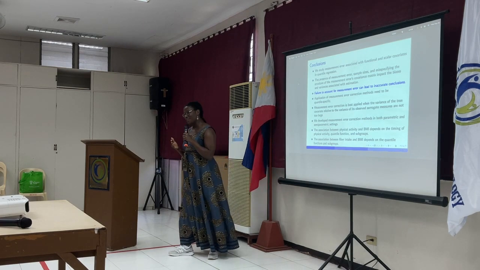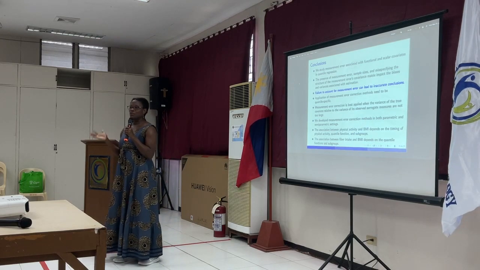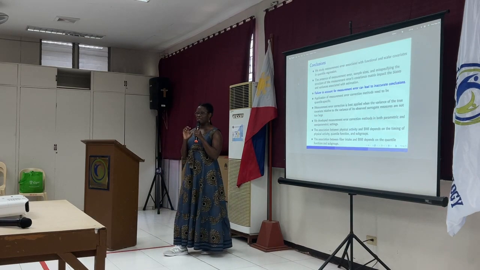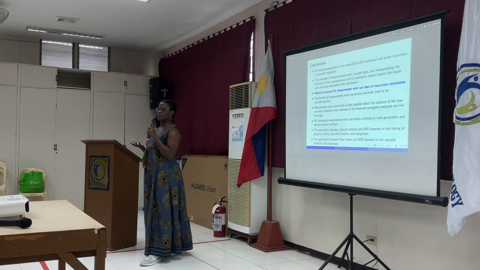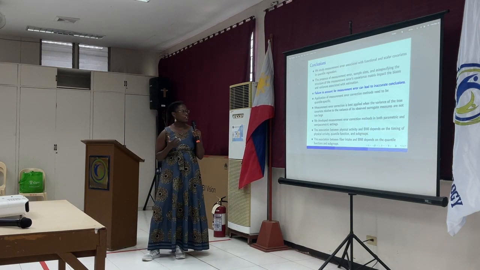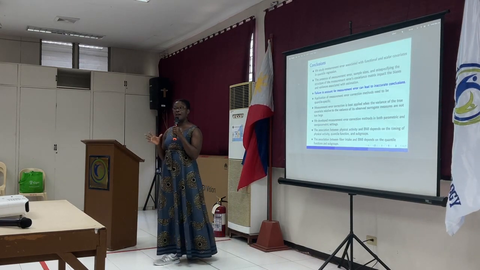In a nutshell, if you suspect that there's measurement error in your data, try to do some methods to correct for it. Otherwise, it can lead to inaccurate conclusions. And measurement error correction needs to be reasonable, meaning that the error needs to be reasonable.